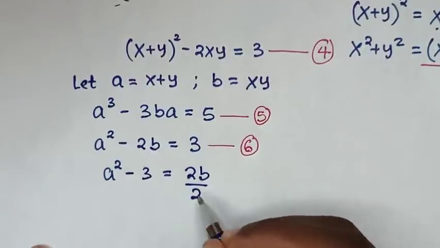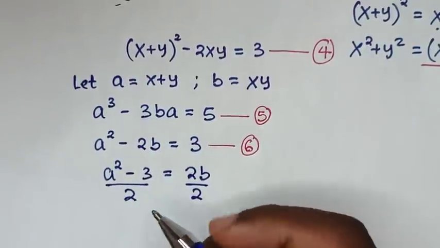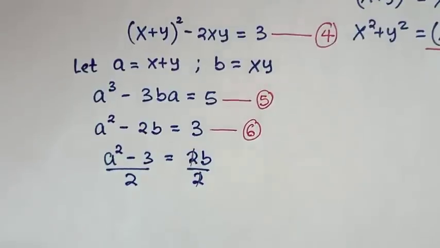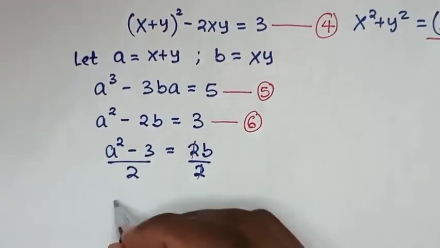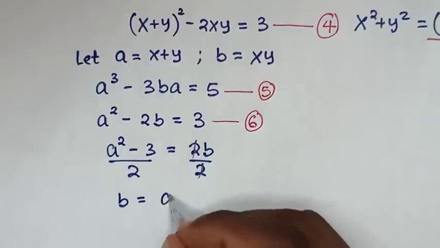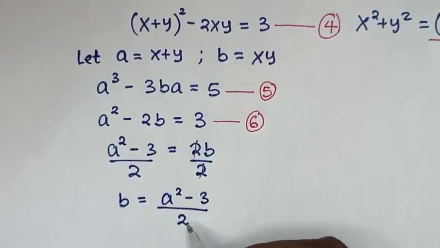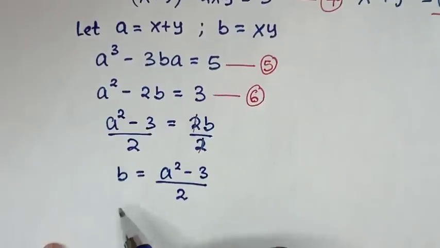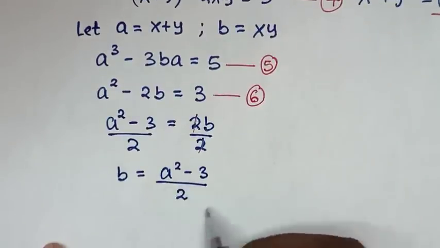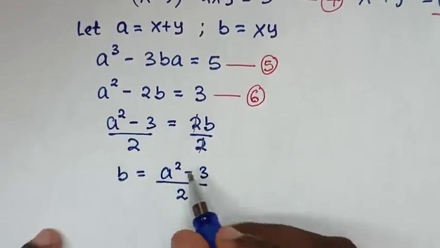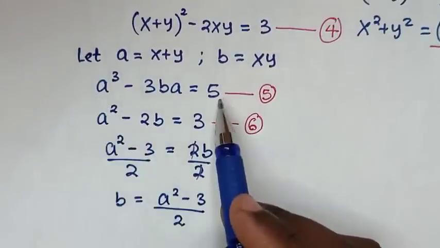Then we divide by 2 on both sides, so b is equal to (a^2 - 3)/2. Now after we get the value of b, we substitute it into equation 5.